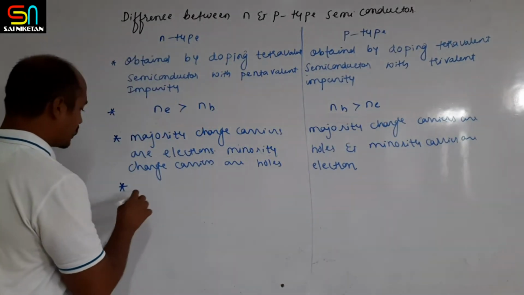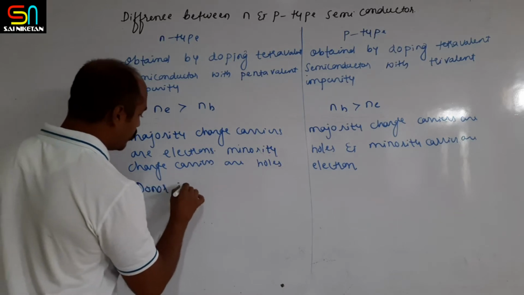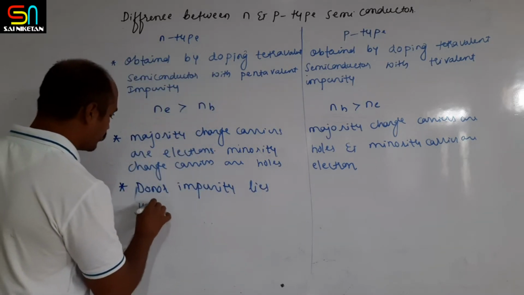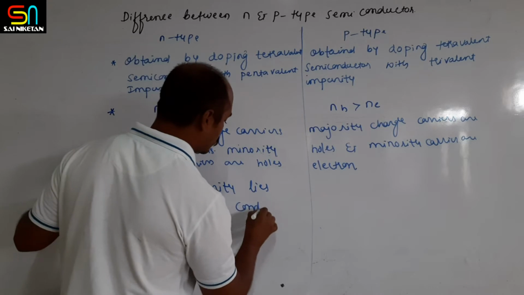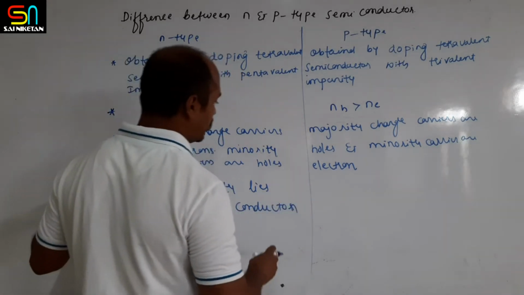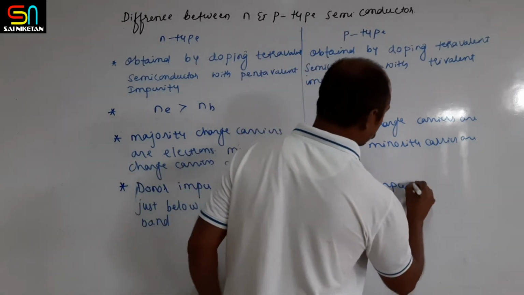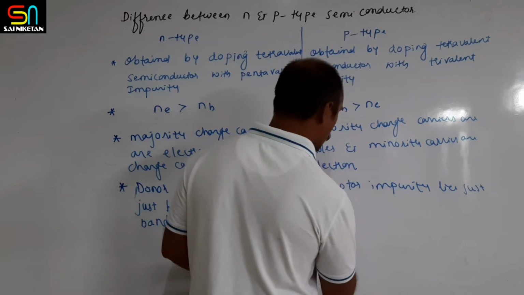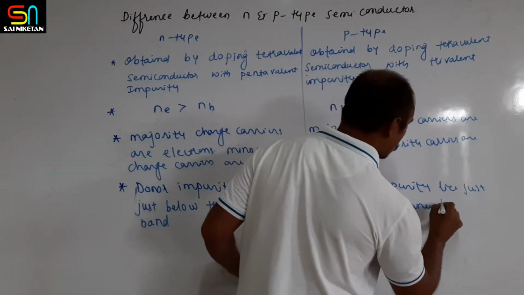Here the energy level of the donor impurity lies just below the conduction band, and here the acceptor impurity lies just above the valence band.